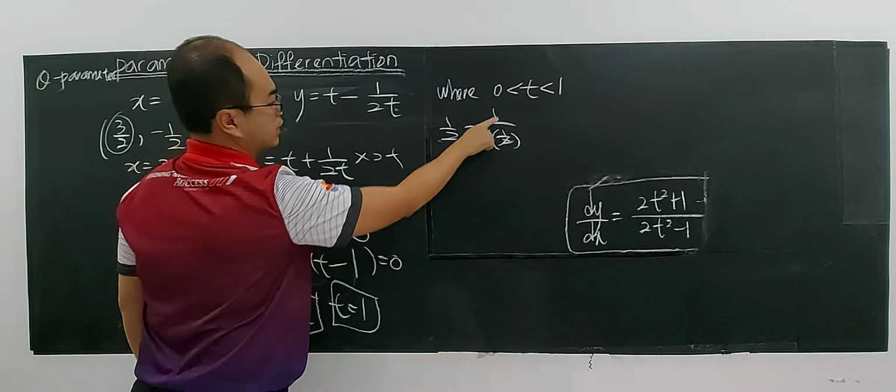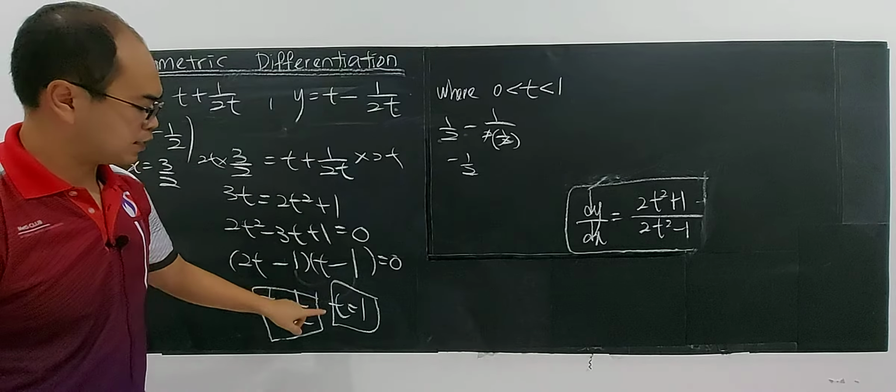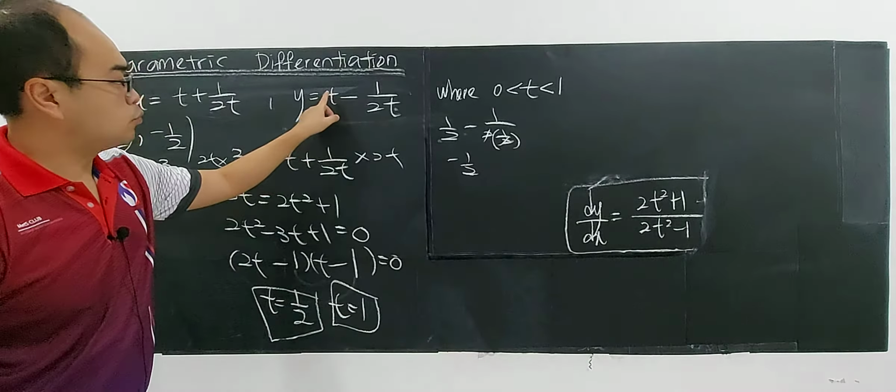If t equals 1, you get 1 minus 1 over 2, which is 1 over 2, but this is negative 1 over 2.